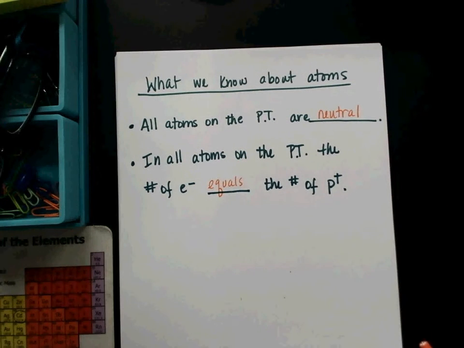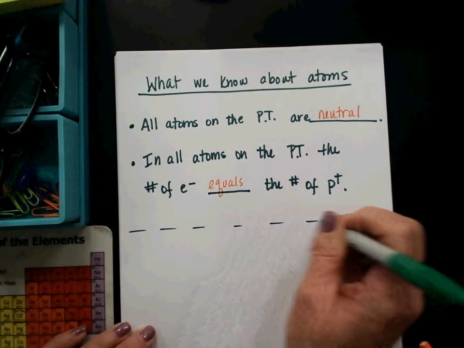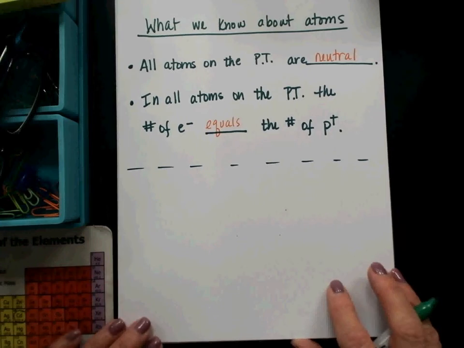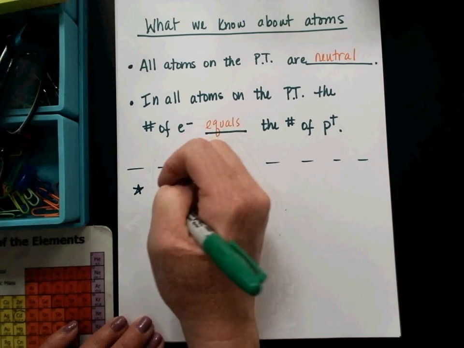All right. So we've talked about those things a bunch. We know that for sure. Now let's talk about some new stuff. It's going to change the way we look at some of these things. So these will be your new things.